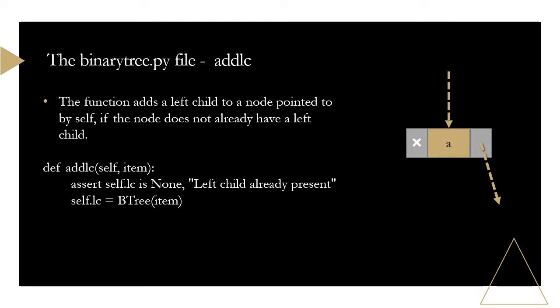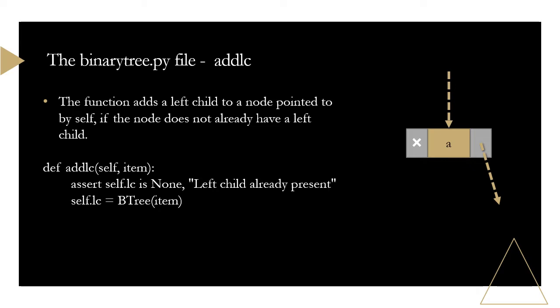So the incoming arrow to the node is straight. But that does not change anything for us. And in fact, this information is not required, whether this node is the right child or the left child. This node may or may not have a right child, and we are not bothered with that. What we are concerned with is that this node must not have a left child already.